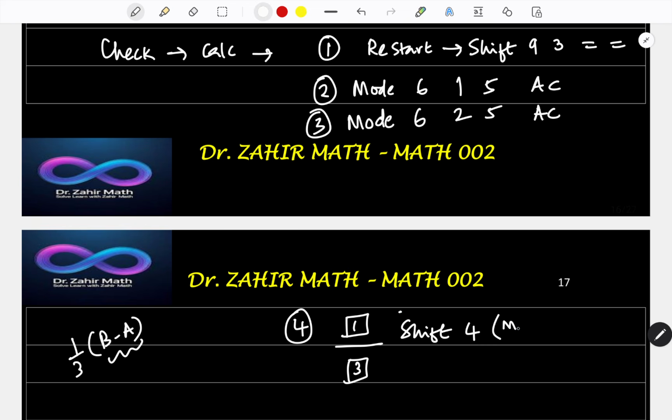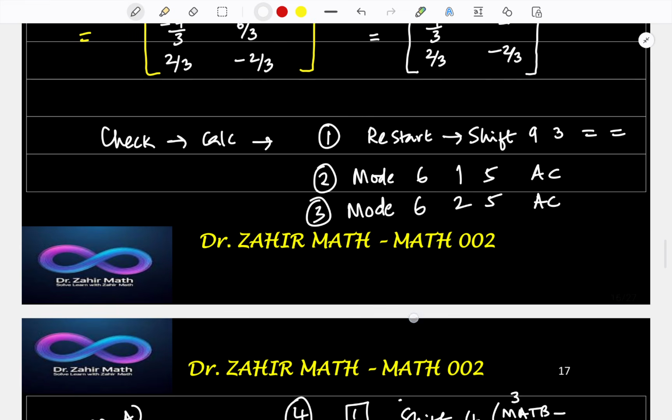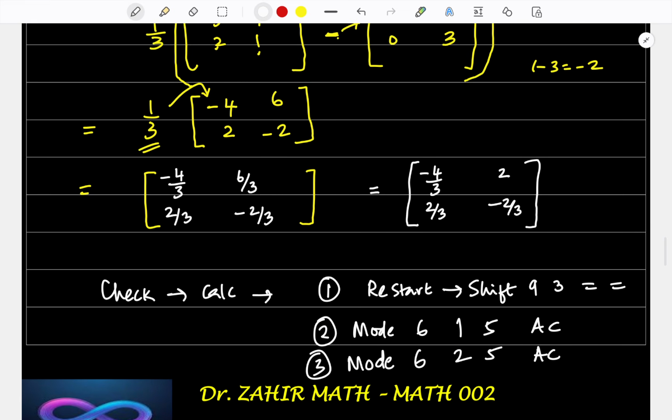So you'll get mat B, and then put minus, then again shift 4, then press number 3, here press number 4 and here press number 3. This is number 3. Then close the bracket, press equal sign. If you press equal sign, you will get this answer: minus 4 over 3 and this one, and 2 over 3, minus 2 over 3.